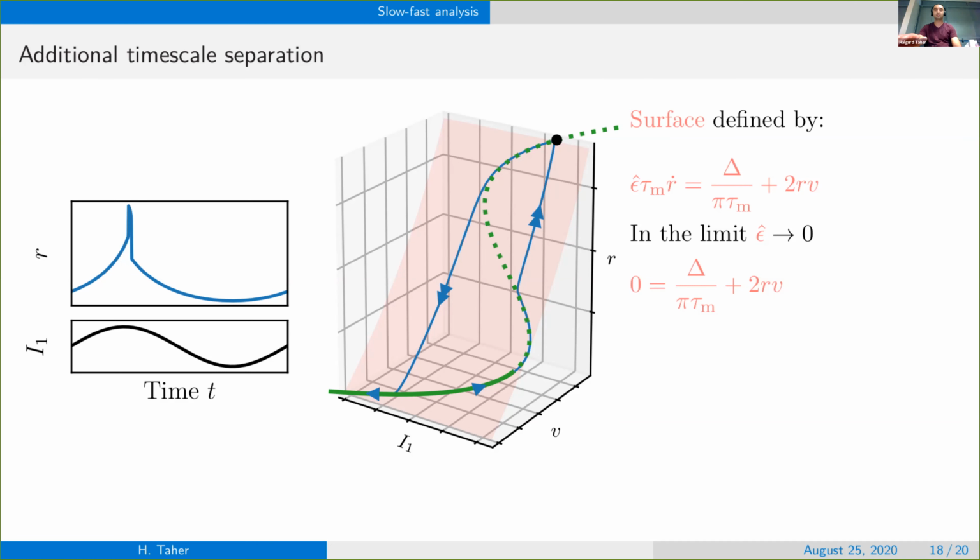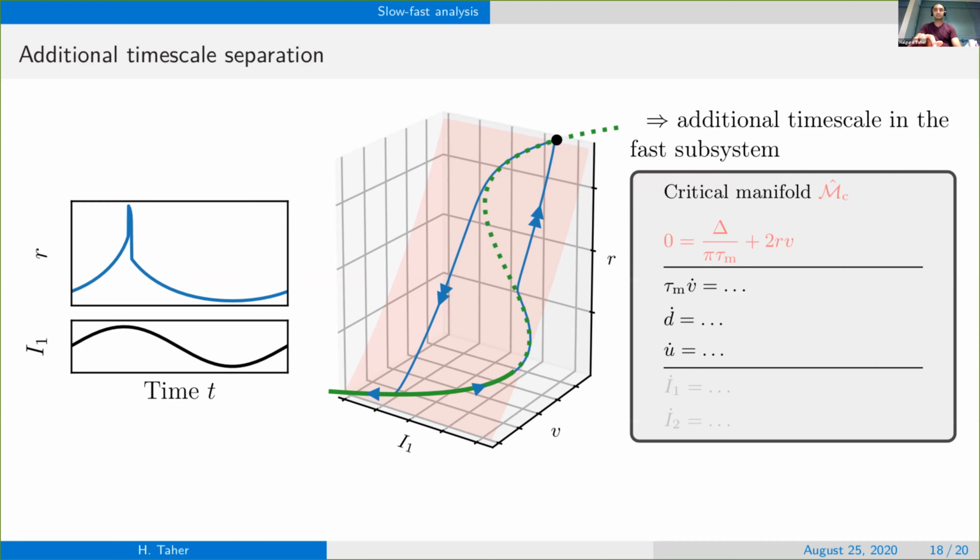This is future work, but I can tell you the relation. In this case, R is basically the fastest variable. Then we have V, D, and U as intermediately fast or slow variables, and I1 and I2 are the slowest.